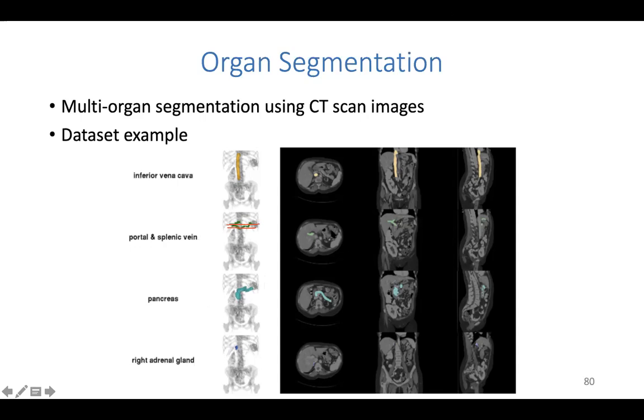Same goes with this. If you think about the two different slices here, it would have just one circular thing here, but if you're looking here, it would look like this. So it changes dramatically from slice to slice, and it is really confusing for the UNet model to do a correct and clean segmentation for this type of organ.